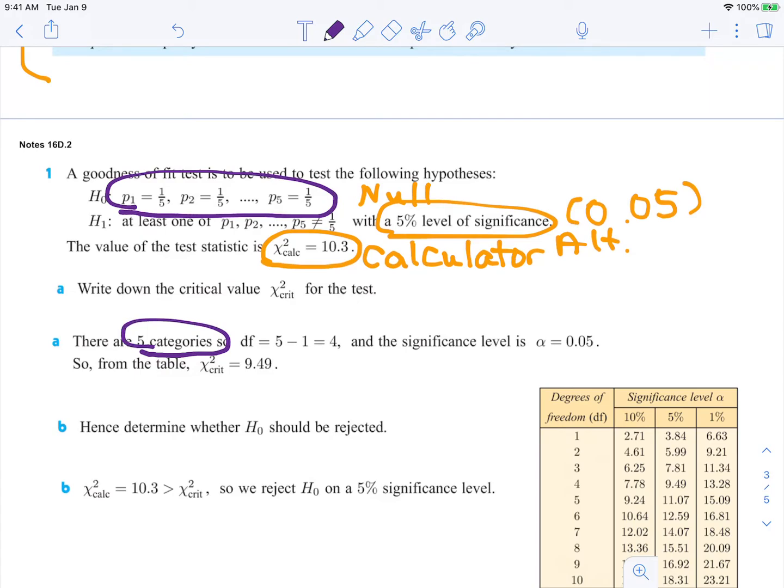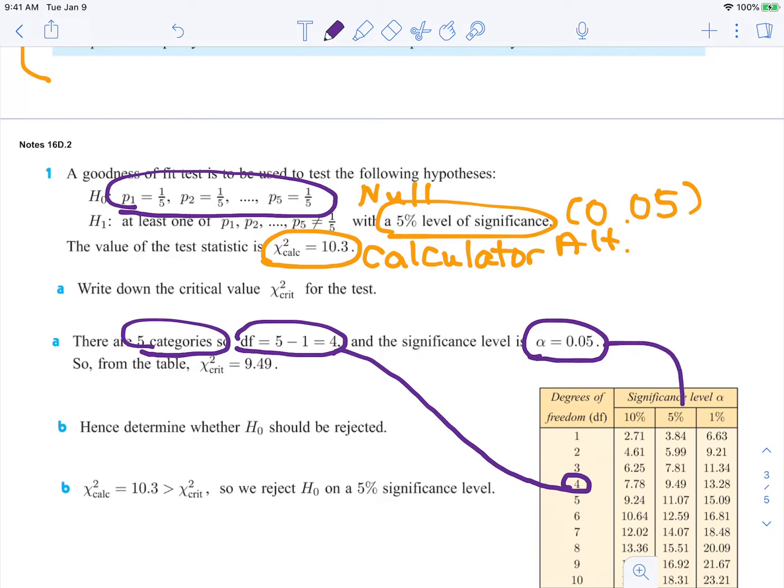So we do the degrees of freedom: 5 minus 1 is 4. We head over to our degrees of freedom chart and look at number 4. The significance level as a decimal is 0.05, so we go to the 5% column, and that critical value is 9.49.